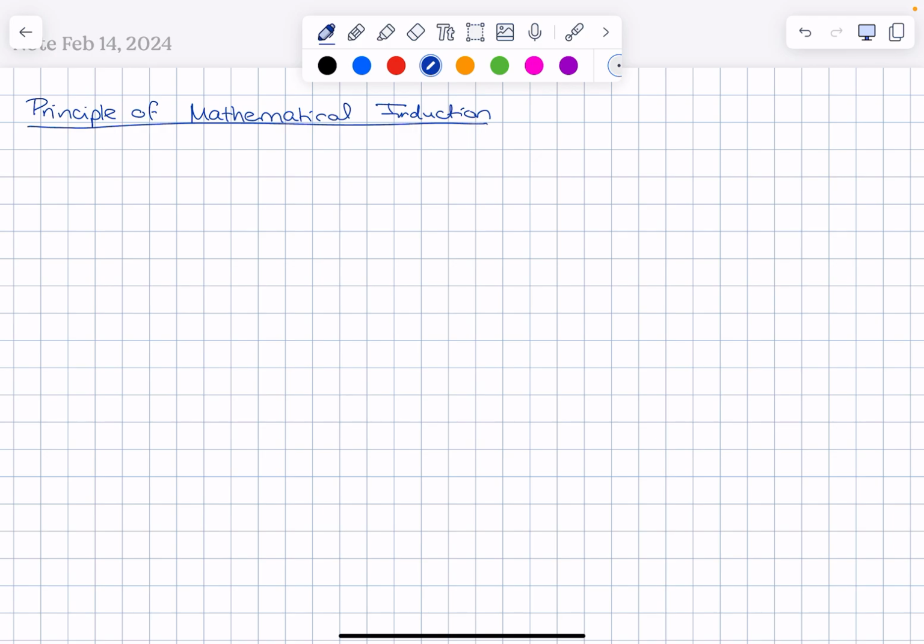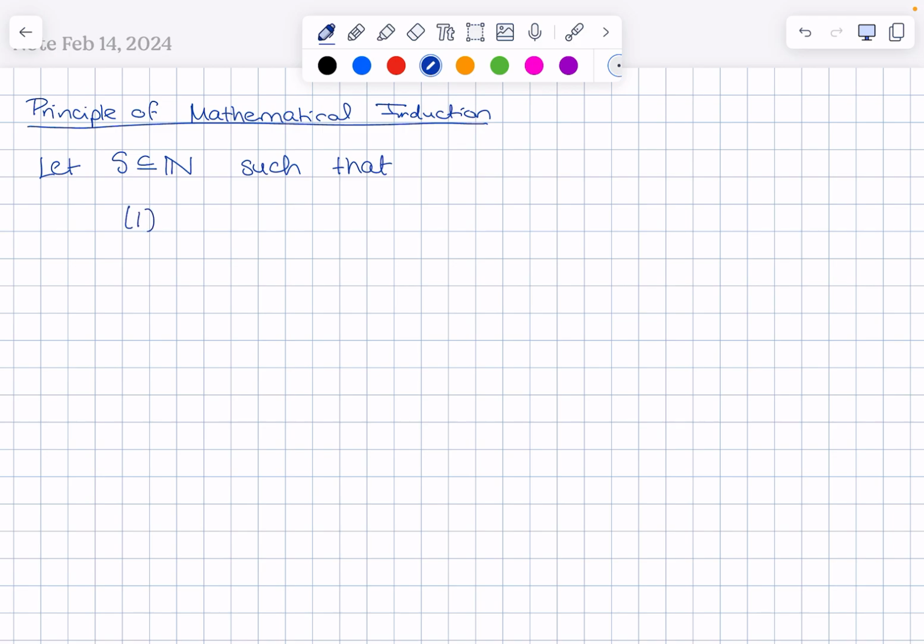Okay, so basically what we're given is: let S be a subset of the natural numbers such that we have the following.